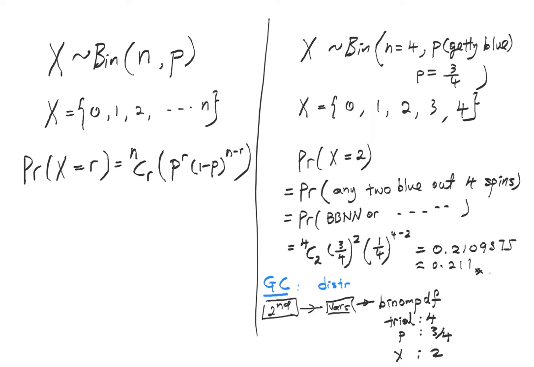So what you need to do is you use binom PDF, okay? And press enter. That is how you key in. Got it? Okay. Shall we move to the other one?